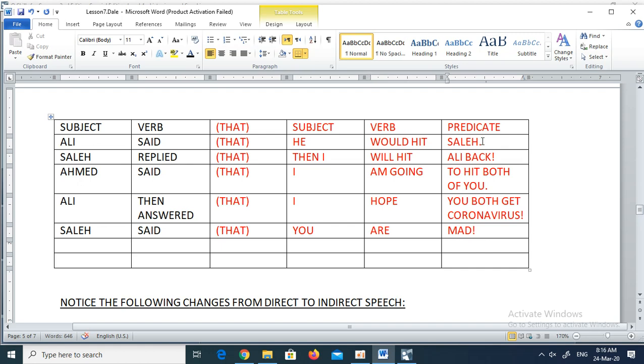And because this is not direct speech again, the inverted commas fall away. So if Ali's exact words were, "I will hit Saleh," then Ziyad will say to me, Ali said that he would hit Saleh. Right.